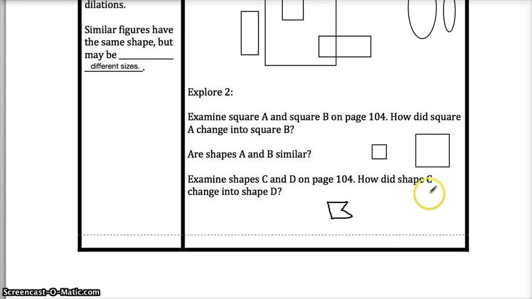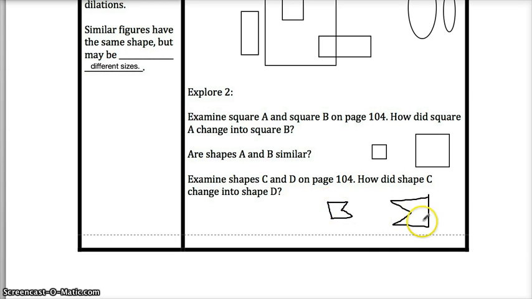And then C. Okay, so they're asking, what did shape C do to get turned into shape D? Shape C was the original, the pre-image, and then D is the image. So what happened to C to change it to D?